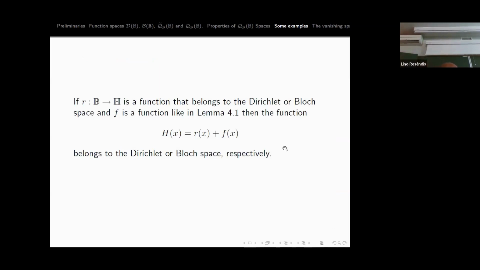Then, if R is any function that belongs to the Dirichlet or Bloch space, and F is like in our previous lemma, then these functions belong to the Dirichlet or Bloch space respectively. Because if we apply the D bar operator, then the D bar operator of F is equal to 0.